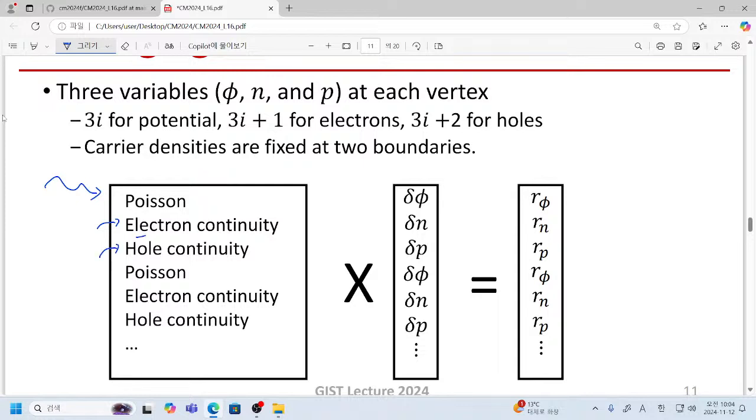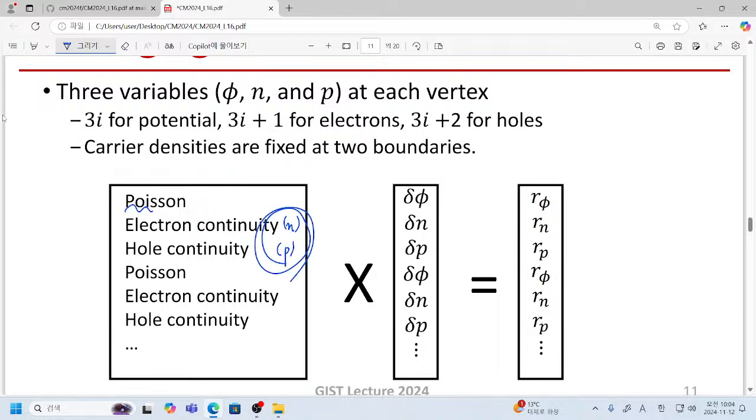Previously, you have considered arsenic continuity, also boron continuity. Quite similarly, you can consider electron continuity and hole continuity inside a large system containing both electron density and hole density as a solution.